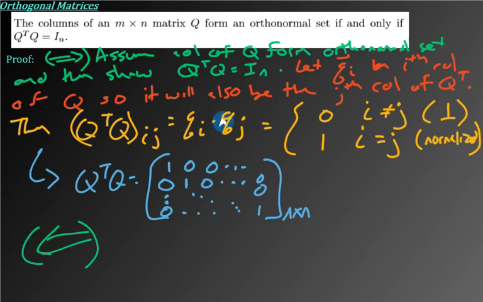Rows of Q transpose, columns of Q. And so then you can backtrack and say what it's saying about each of these dot products. And if you're getting that, then that is what it means to be orthonormal, right? And so you can do this whole thing forwards or backwards, and it proves the if and only if, which is nice.